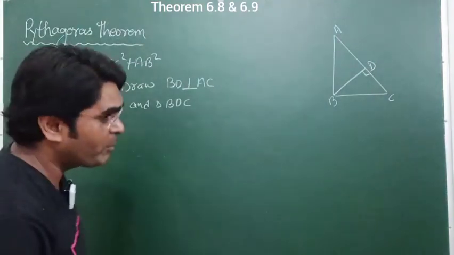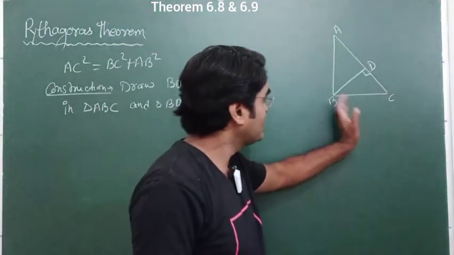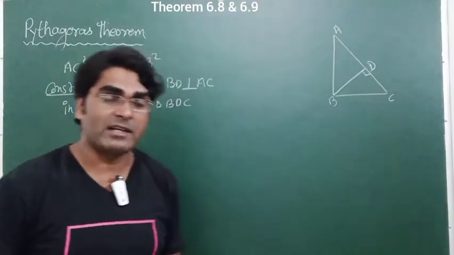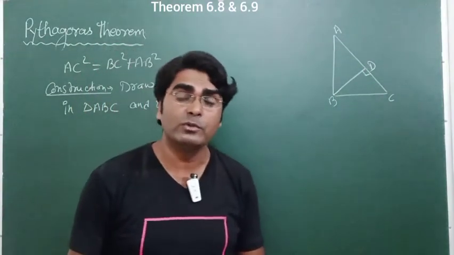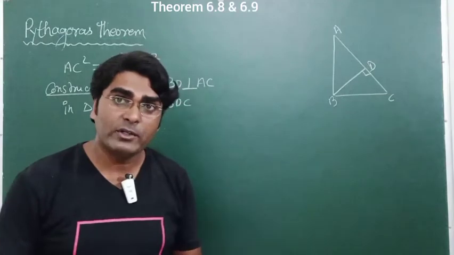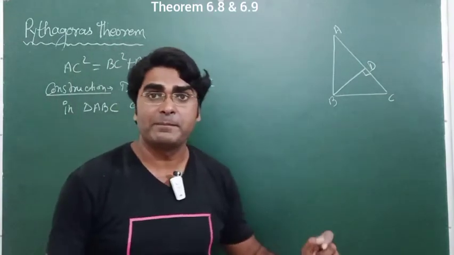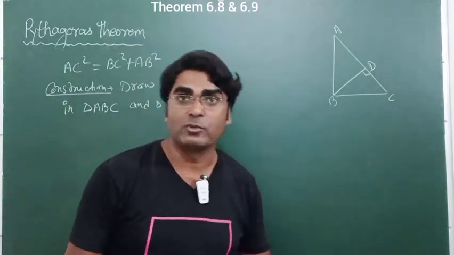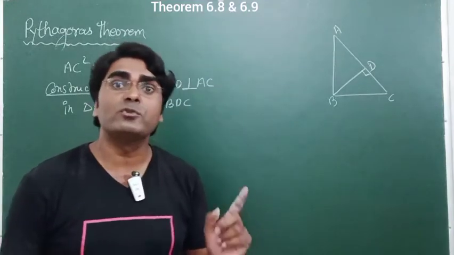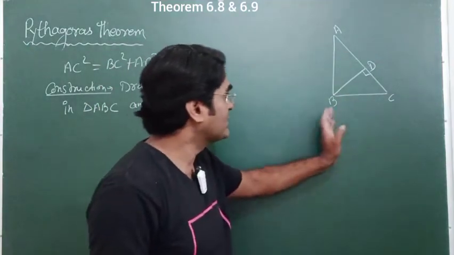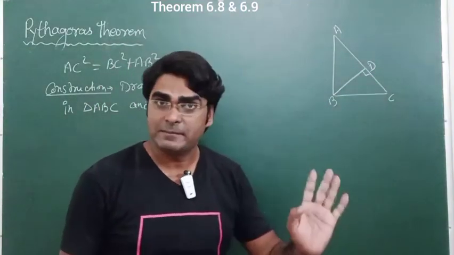So how can you prove that ABC and BDC are similar triangles? Because you are going to show the similarity and then apply the proportional theorem. So first you need to show that triangle ABC is similar to triangle BDC.